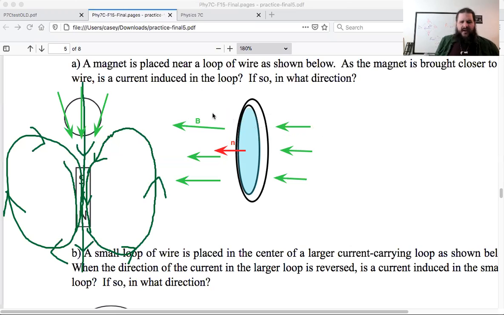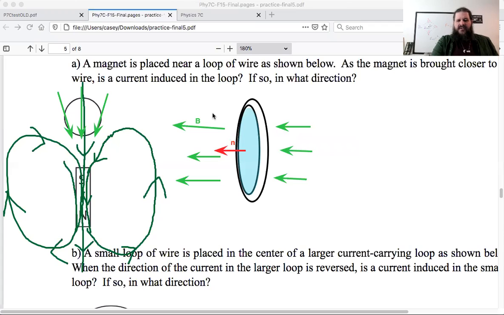And in this case, if you compare the normal vector and the magnetic field, what's the angle between those? Would it be 0? Yeah. In this case, the angle between the normal vector and the magnetic field is 0. And what's cosine of 0? 1. Right. So that means the flux would be A times B times 1.